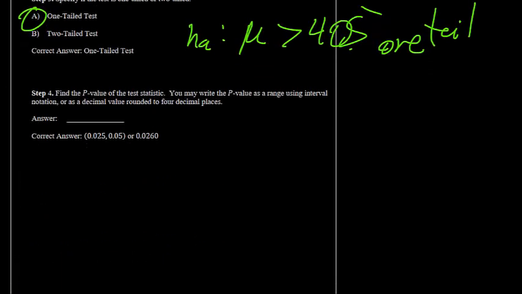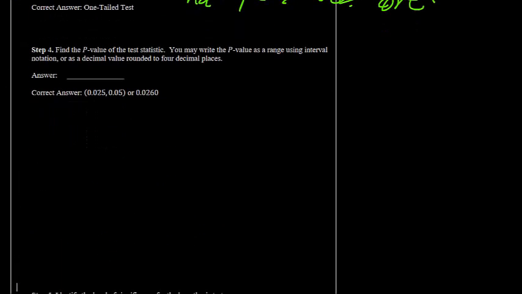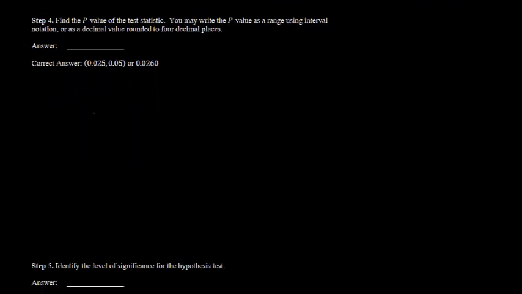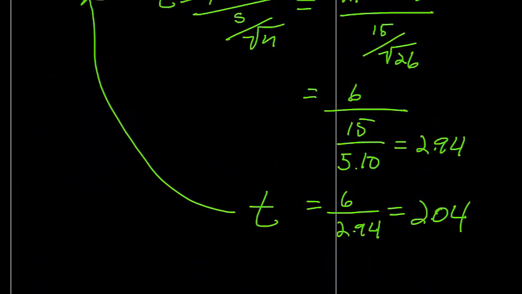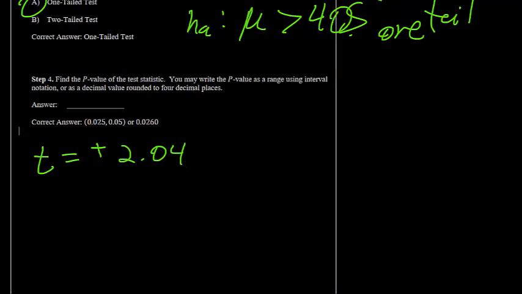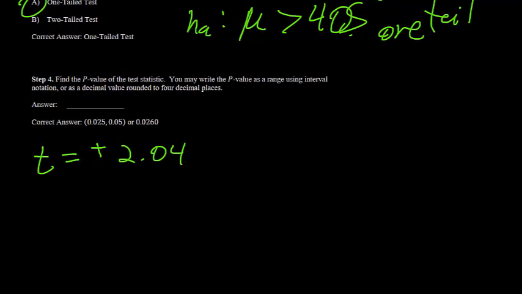Find the p-value for the test. And just like we did before, we're not going to make the mistake again of thinking that this is a z. We've been saying it's a t over and over again. So in this case, our t is equal to positive 2.04. How do I get the p-value of a test statistic? Use a range using interval notation.